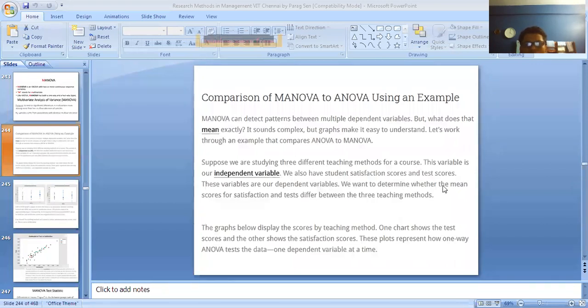We want to determine whether the mean scores for satisfaction and tests differ between the three teaching methods.